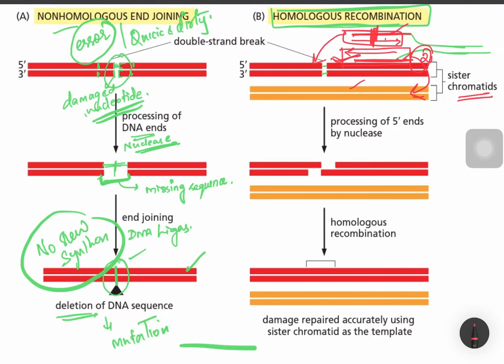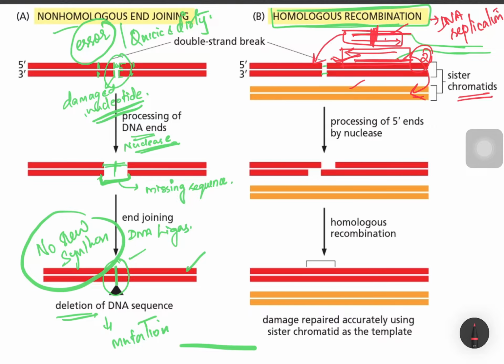Since it has a correct sequence, it can use this as a template and based on that, complementary bases can be produced. So this is an effective and very correct, less error prone method of homologous recombination. Based on this you can get an idea that homologous recombination can occur only after DNA replication. Yes or no?